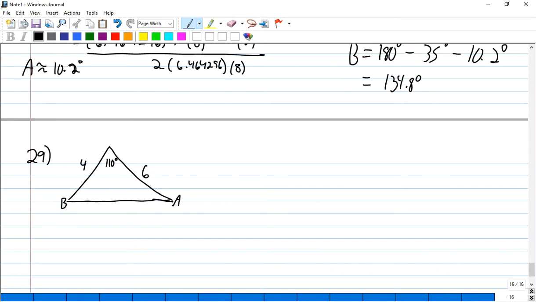All right, so we don't have a corresponding side and angle that we know. So that tells us that we're going to have to use the law of cosines.